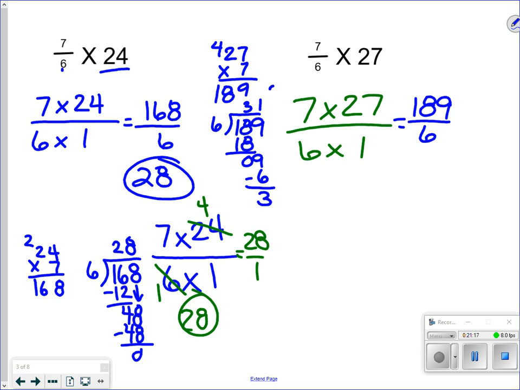So 31 and 3/6, which can actually be simplified. That ends up on a EQT or multiple choice test. You won't see 3/6.